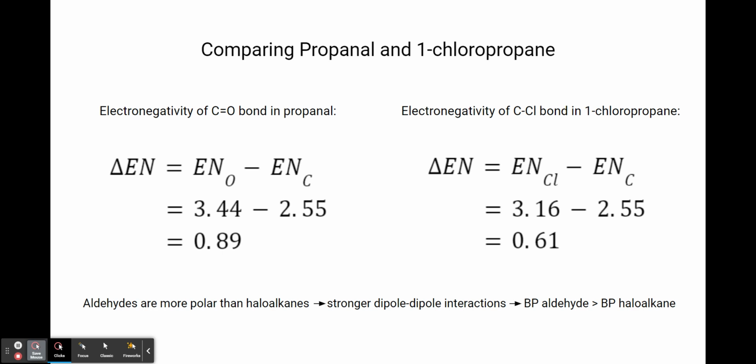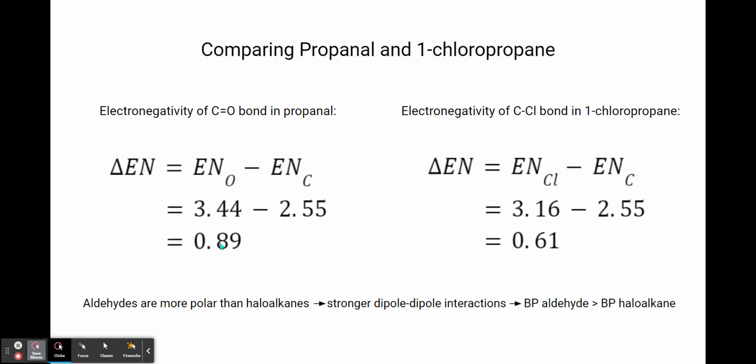We can compare the electronegativity difference of the groups which make the overall molecule polar. For example, in the aldehyde or propanal, the C double bond O group or the formyl group is what makes the aldehyde polar, and the electronegativity difference between the oxygen and the carbon is about 0.89, and the electronegativity difference of the carbon-chlorine bond is about 0.61.